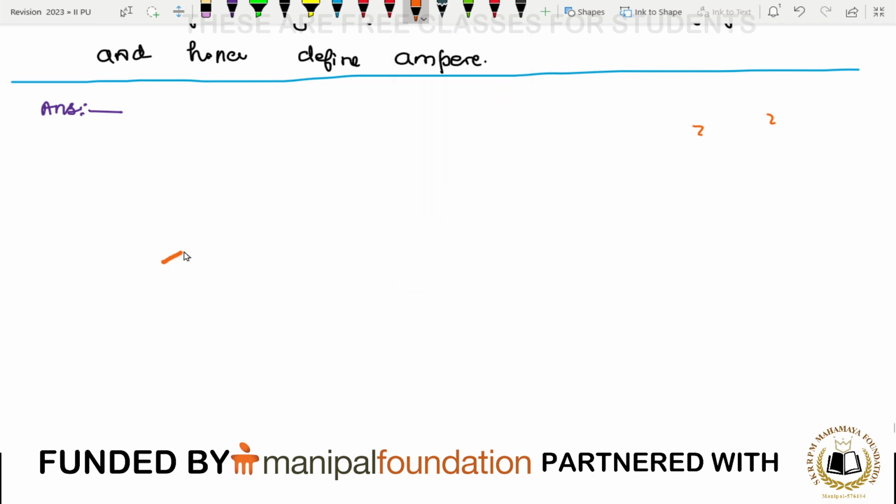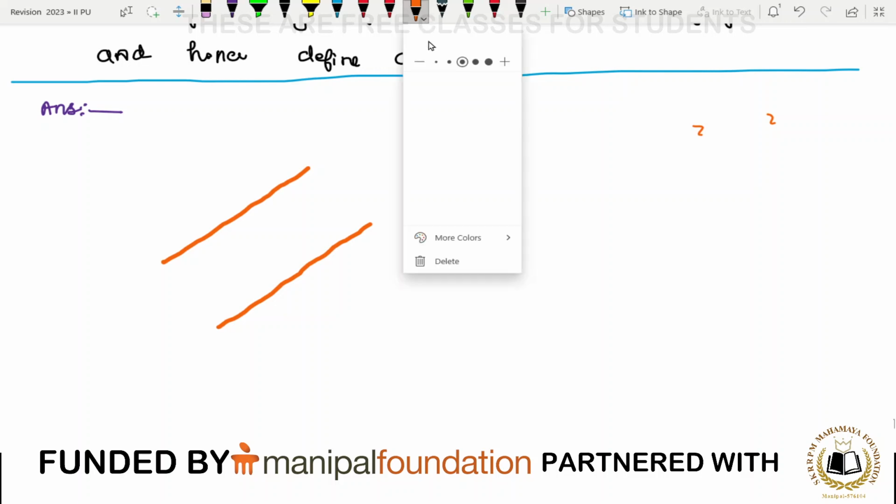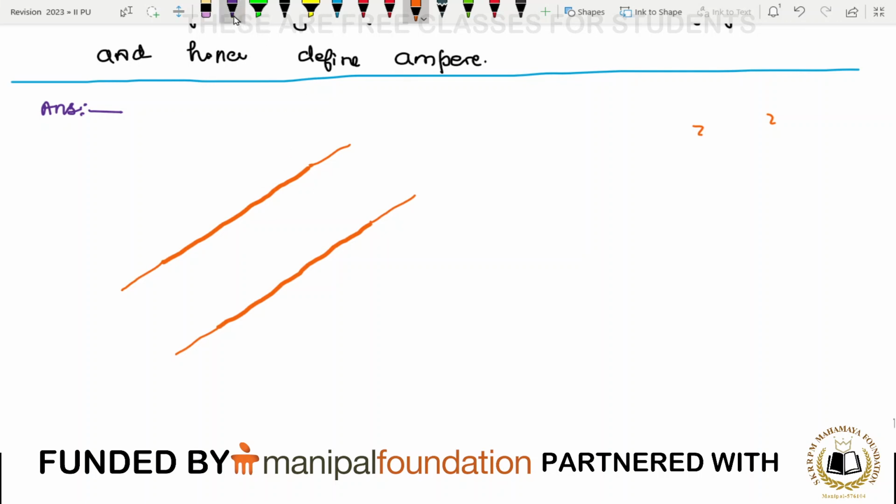So first wire and second wire. Straight wires, so you can draw straight.